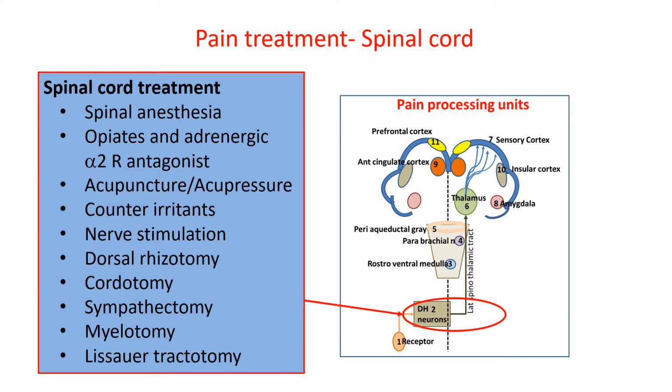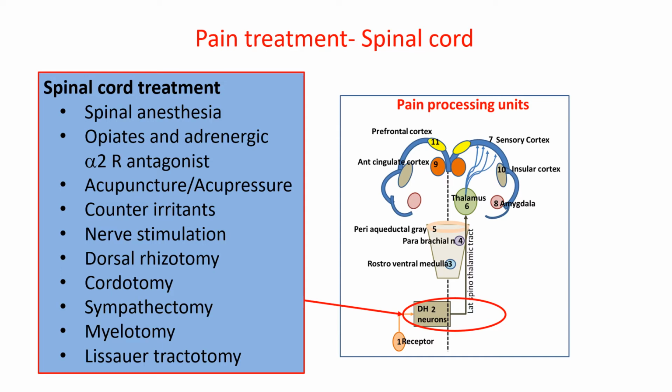They will block the pain, especially the epidural may be blocking only the transmission of impulses to the spinal cord, or in the subdural or whatever spinal anesthesia, it will block all the information reaching up above.